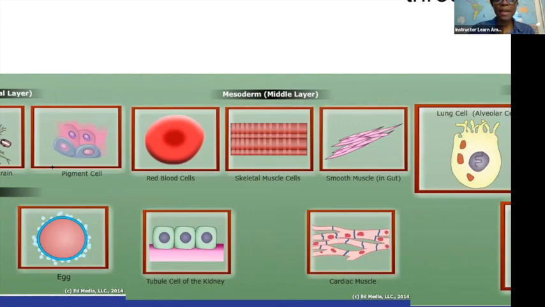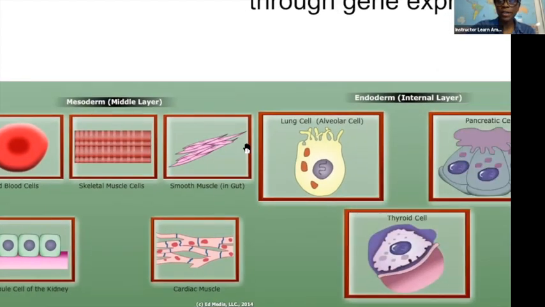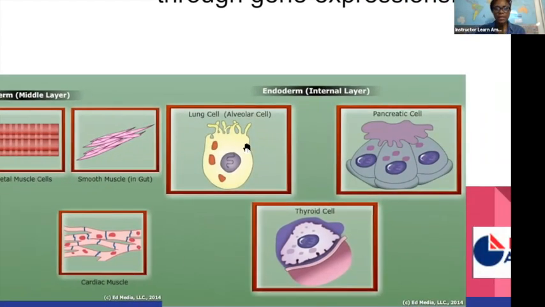Then we have the mesoderm, which is that middle layer of that circle I just showed you. That's going to give rise to your muscle cells, like your skeletal and smooth muscle, your blood cells, and your cardiac muscle cells. And the most inner layer, which is referred to as the endoderm, is going to give rise to your lung cells, thyroid cells, and pancreatic cells, for example.